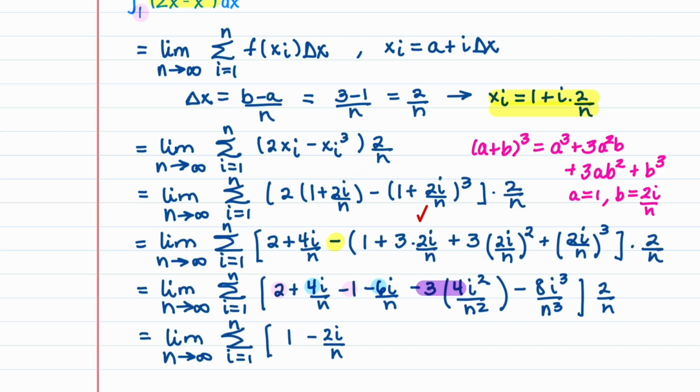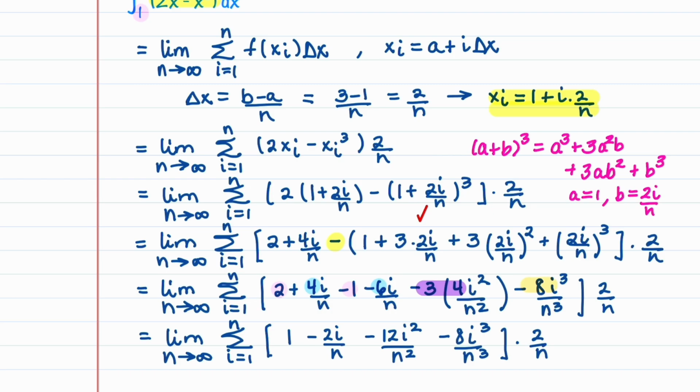That is minus 12, so this is minus 12i squared over n squared. And then our last term is our i cubed term, and that's a minus 8. So we have minus 8i cubed all over n cubed times 2 over n.